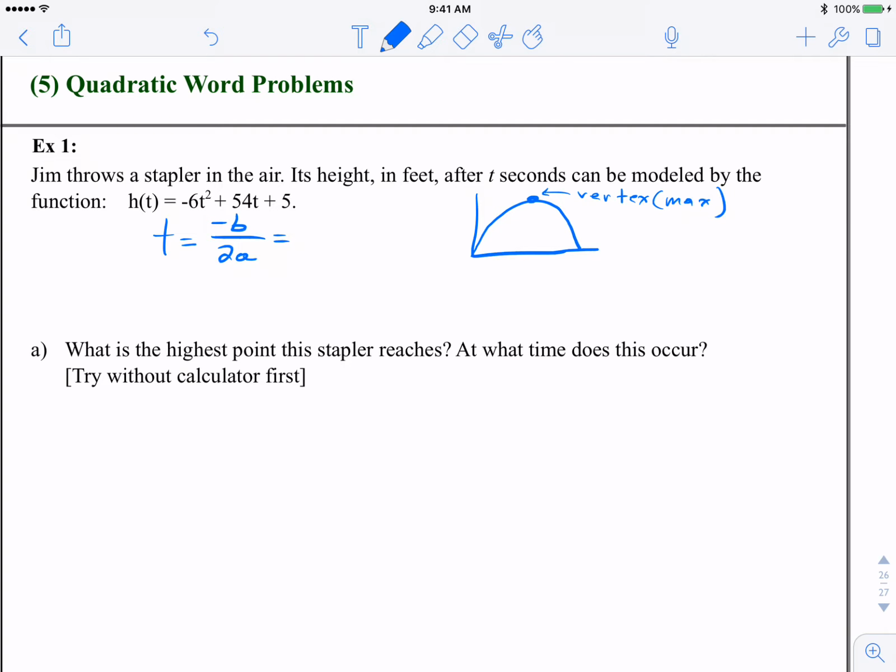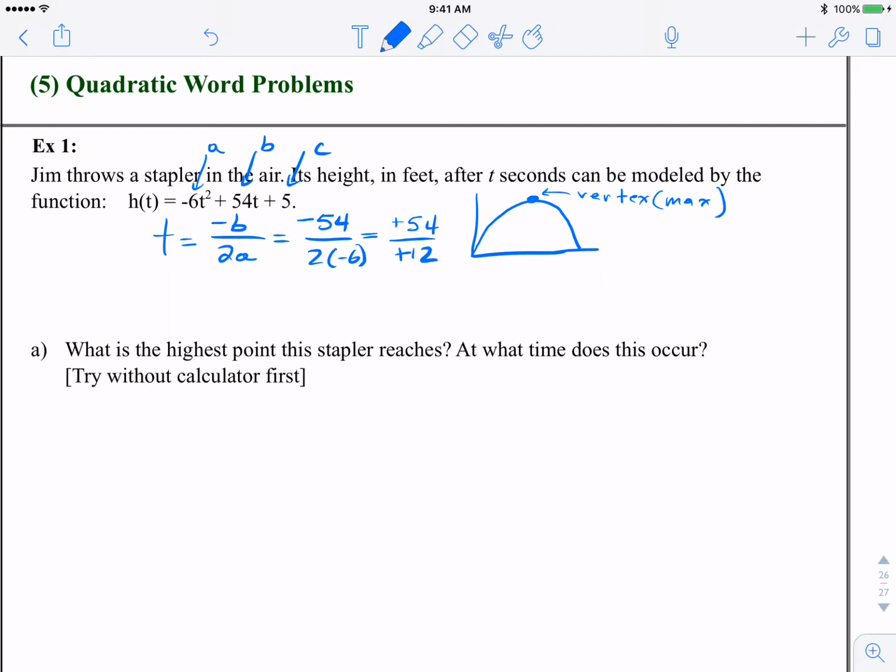In our quadratic that we're given here, our little model, b is simply 54. Remember a, b, c here. C we're not going to use till we do some quadratic formula stuff, but it doesn't hurt. And a is negative 6. So it's going to give us negative 54 over negative 12.